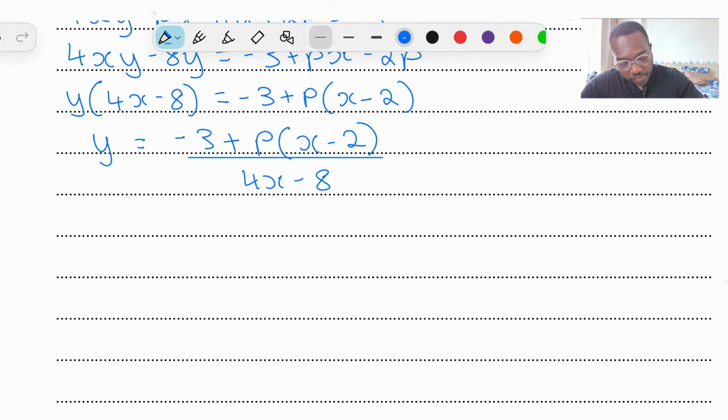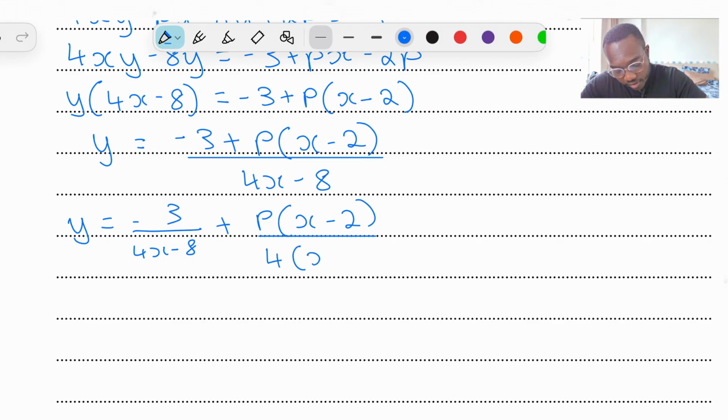And now I'm going to split these fractions up into 2. So we get y is equal to minus 3 over (4x minus 8), and then for this one we get p(x minus 2) over (4x minus 8). Now we could leave 4x minus 8, but actually we can factorize that too, because that will be 4(x minus 2).